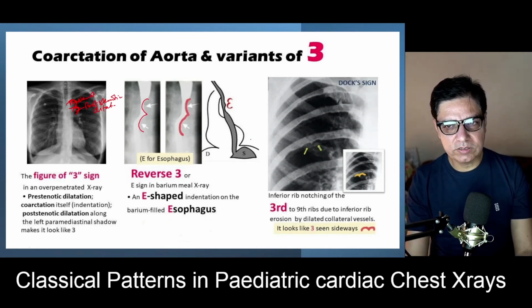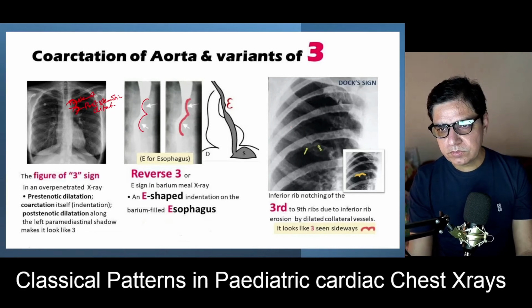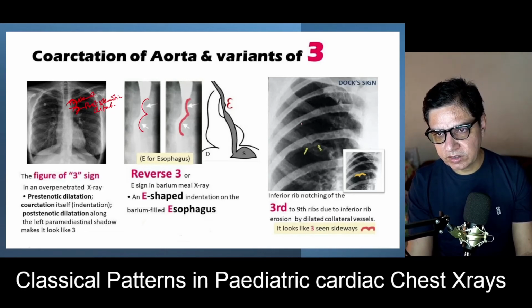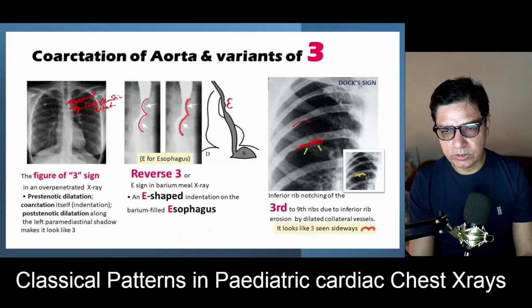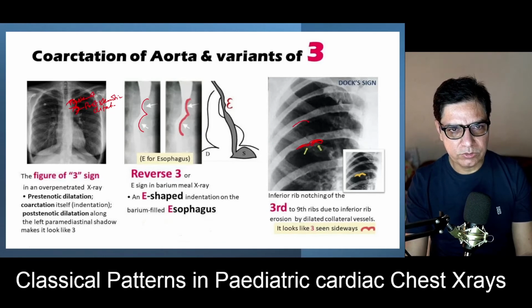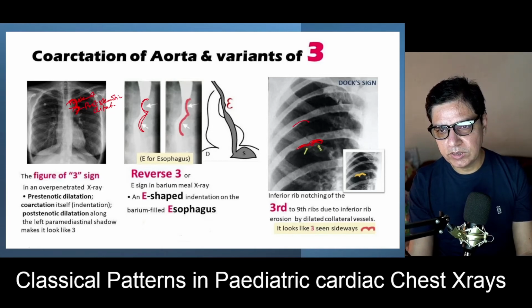Similarly, in advanced cases, if you zoom into the chest X-ray and look at the ribs, there might be notches on the inferior margins of the ribs. These are because there are dilated collaterals, and they erode the lower margins of the rib. So you can swear that this child has got coarctation of aorta. Coarctation of aorta would give you this 3 appearance: a 3 over here, a reverse 3 on the barium swallow X-ray, and if you zoom into the ribs, a reverse 3 in a downward position.